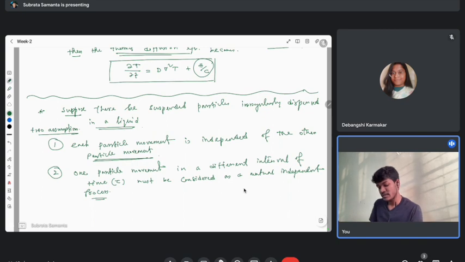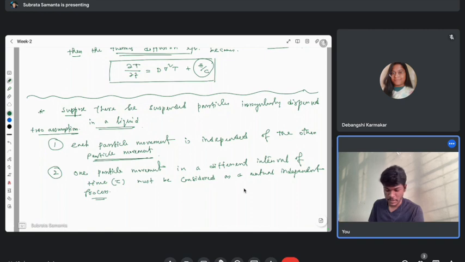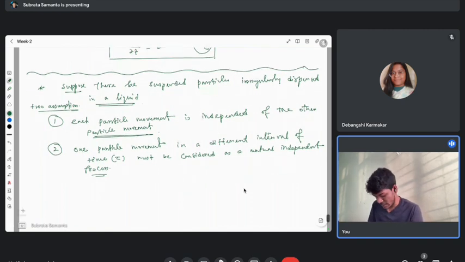Suppose you consider the time interval tau to be 30 seconds. So the particle movement in the first 30 seconds and in the next 30 seconds is independent. Okay, that is good. This interval of time is not too small, not too large.